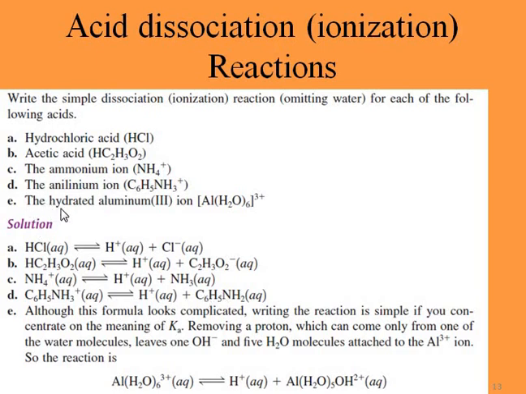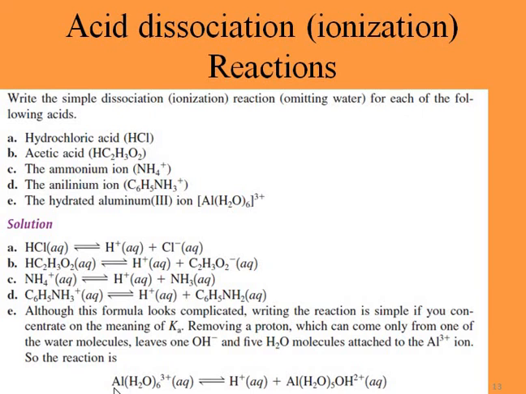It says the hydrated aluminium 3 plus ion, which is Al(H2O)6 3 plus. Although this formula looks complicated, writing the reaction is simple if you concentrate on the meaning of Ka: removing a proton, which can come only from one of the water molecules. That leaves one of these molecules as OH minus, and we have 5 H2O molecules attached to the aluminum ion.